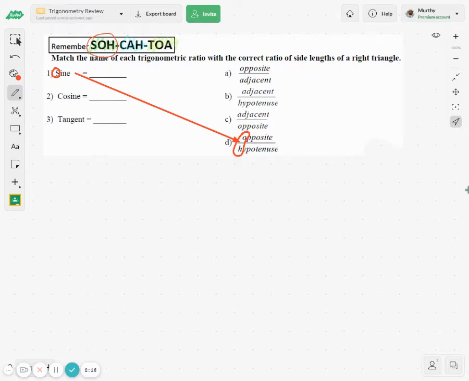Now coming to cosine, CAH. Therefore, the first letter is C, and which one do I have to take? But I know that Sohcahtoa, CAH. So is it CAH? Yes, it is matching.